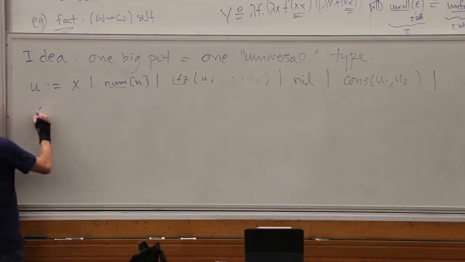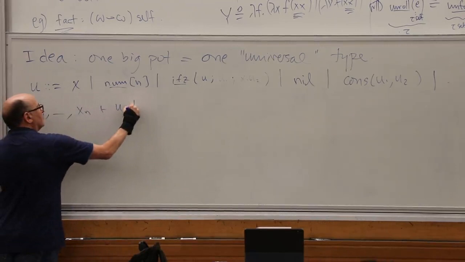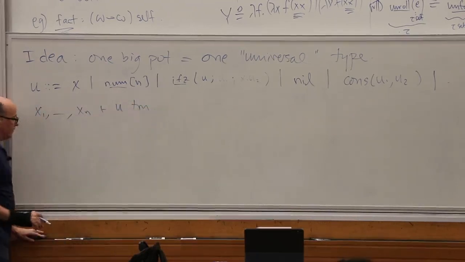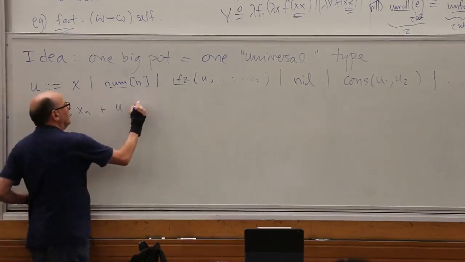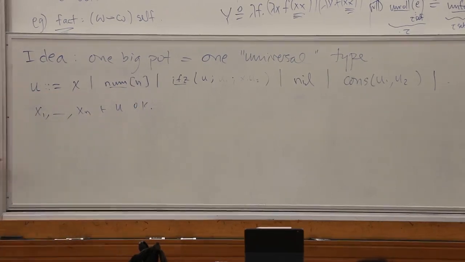Then the statics amounts to stipulating what the variables are, so I can write that term, or say U is okay. That just means all of its free variables are amongst those given. That's the entire static semantics. The only thing you care about is the scopes. In Lisp and its derivatives, the notion of scope isn't even done properly, so it's a complete mess, but here's a reasonable version of it.